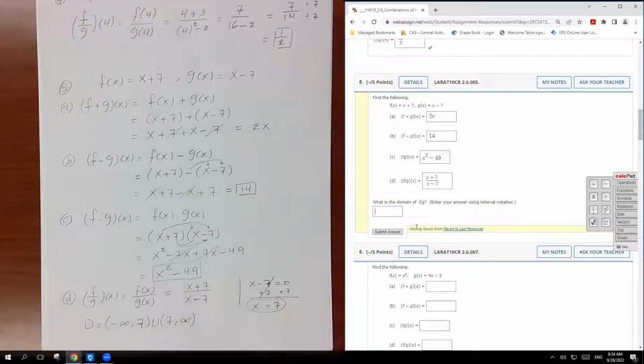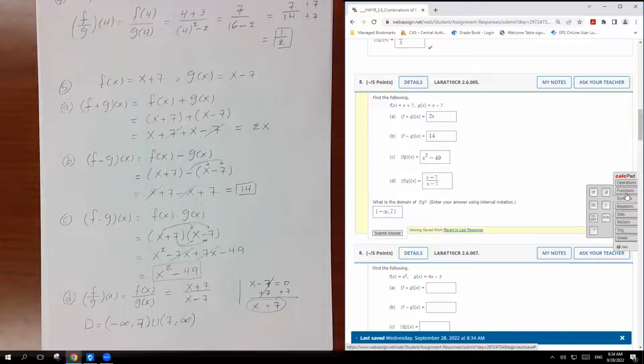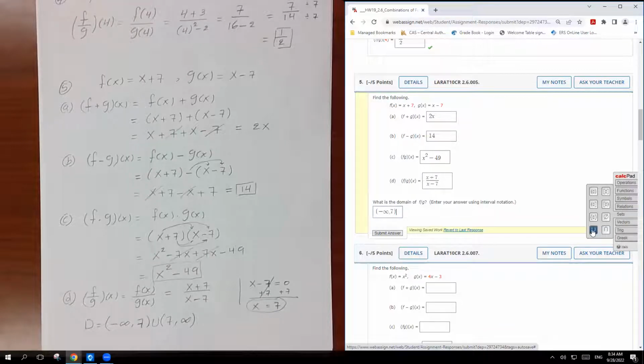We can check that. Two parentheses, negative infinity, comma, to number 7. And the union symbol, which with sets is the union.